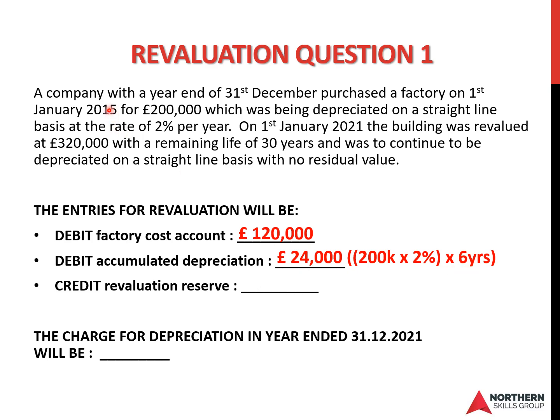The first year was the year to the 31st of December 2015, and we've then got 2016, 17, 18, 19 and 20. So 6 years of depreciation to be eliminated. The difference goes to the revaluation reserve of £144,000, and that will appear in the statement of comprehensive income for the year.